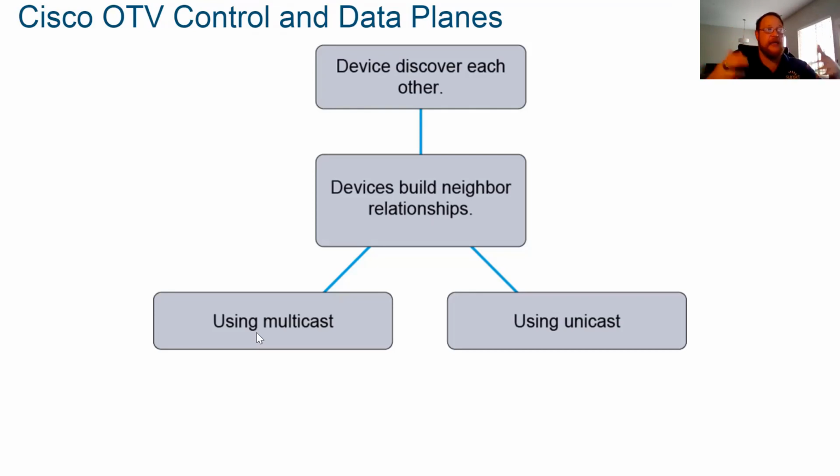They both use LSAs. They both use the Dijkstra algorithm, 10 to the 8 divided by bandwidth in bits per second equals cost. OSPF uses areas, ISIS uses levels, but they're the same thing. They're there to control your LSA propagation. So they're exactly the same protocol. It's just that ISIS is a more open standard, so anybody can use it.